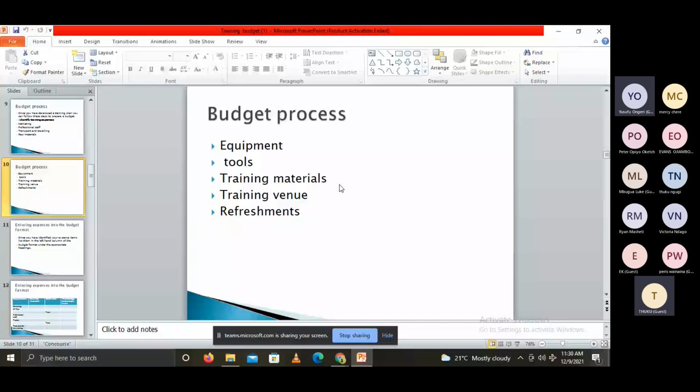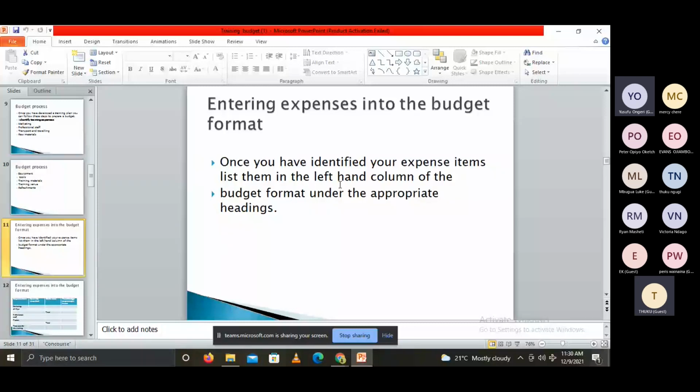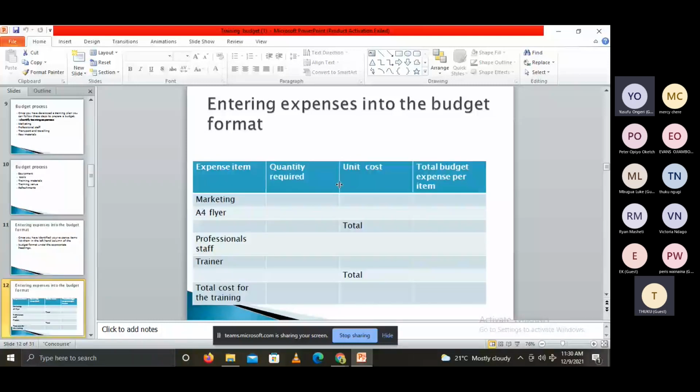Once you have identified your expense items, you list them in the left-hand column of the budget format. We are going to look at one. What is it that you need? How many do you need? This will be determined by the number of participants, which is why you need to have a training plan.